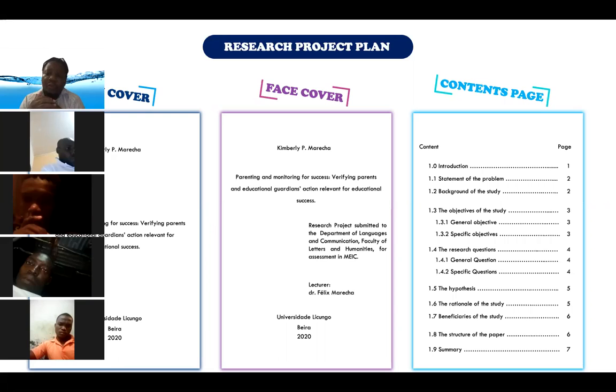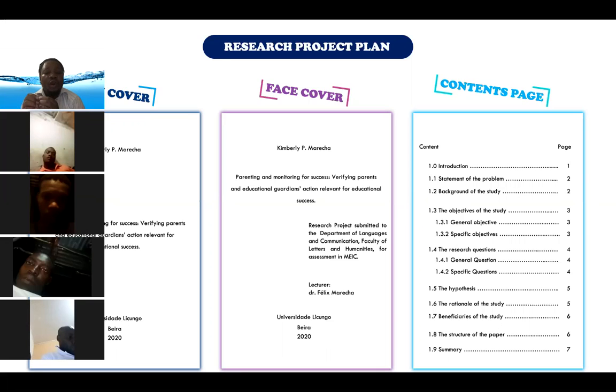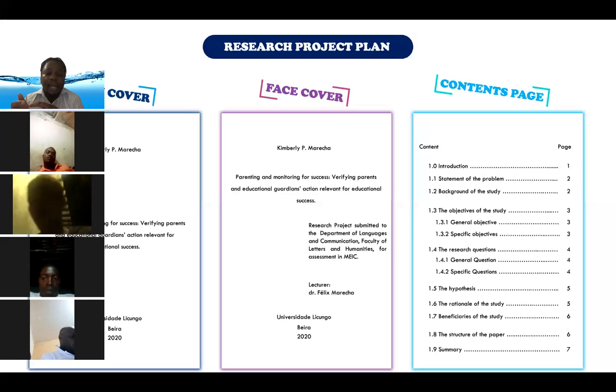And as we continue in your project, we may see the next part of your research project, which is the objectives of the study, on page 3. So it will be 1.3, the objectives of the study. And as you know, the objectives of the study are divided into 2, right? Some just write them as objectives of the study, but other students separate them.